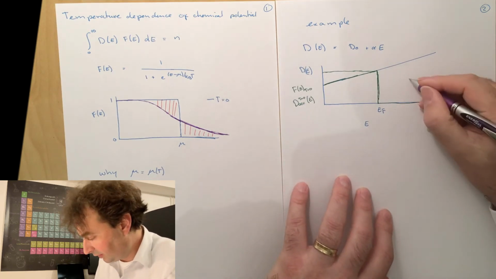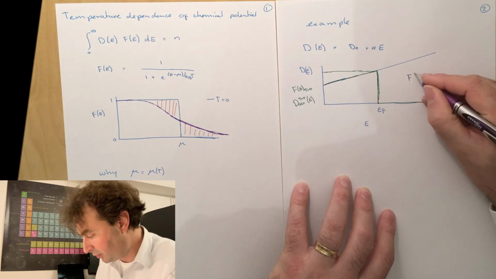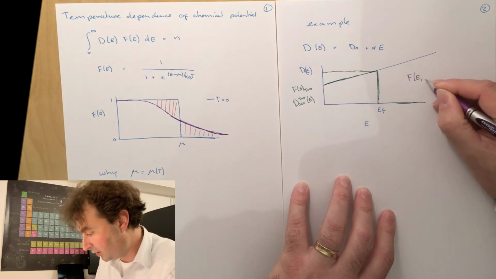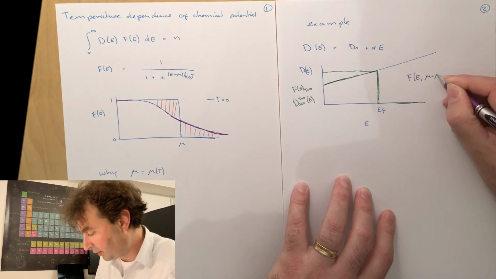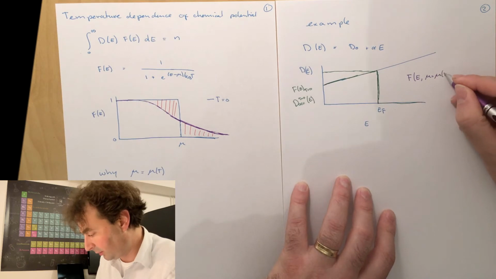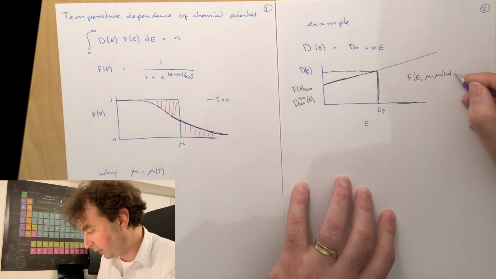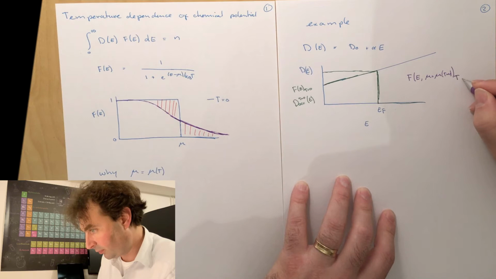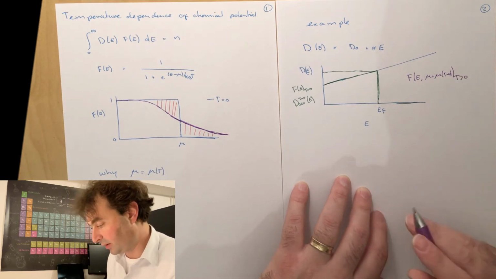We can now have a look at the Fermi function as a function of energy at the chemical potential that is equal to the chemical potential that you find at 0 temperature, for temperatures larger than 0.